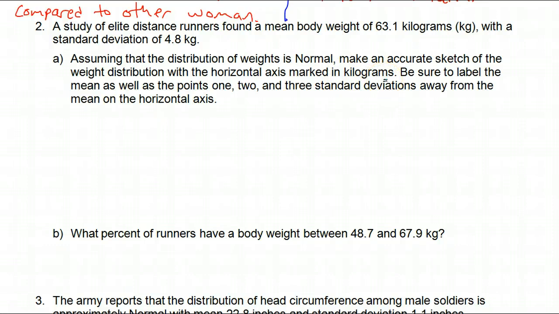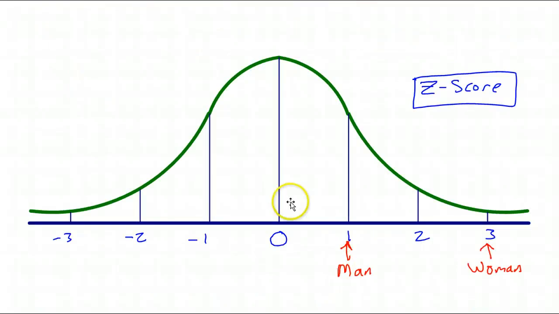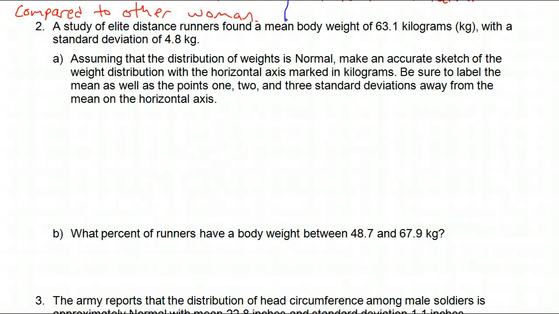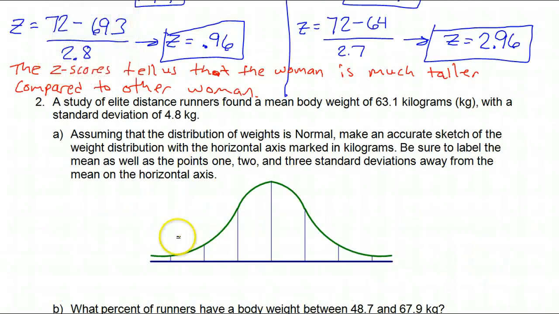Be sure to label the mean as well as the points 1, 2, and 3 standard deviations away from the mean on the horizontal axis. Okay, so this is like what we did in a previous lesson. I'm going to cheat a little bit and just cut and paste. Of course, you will need to draw your own curve, as we've done many times before.